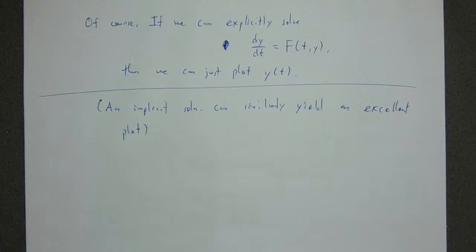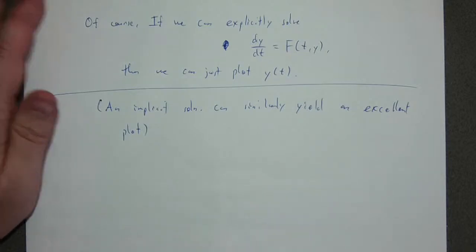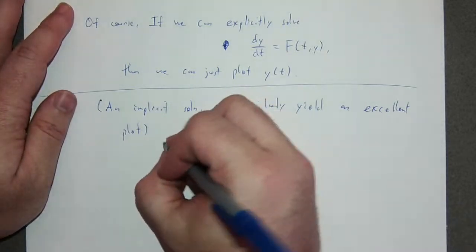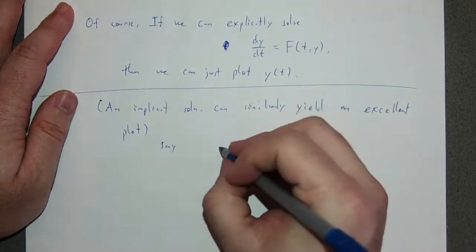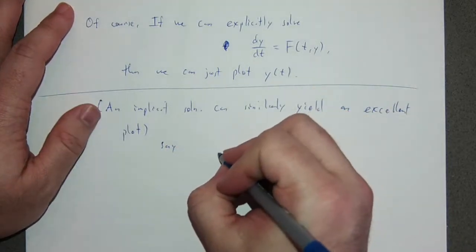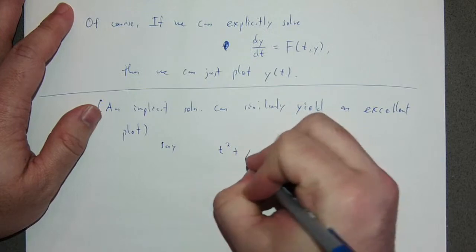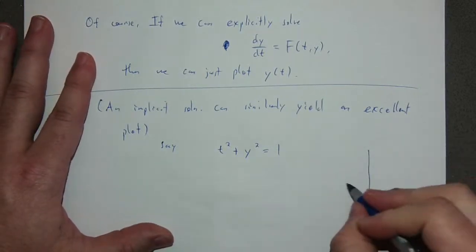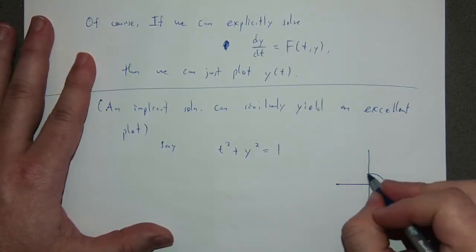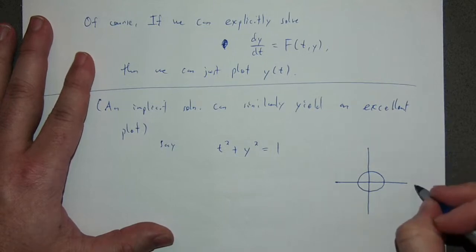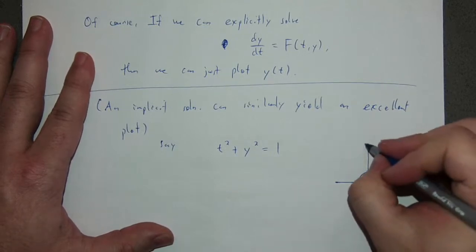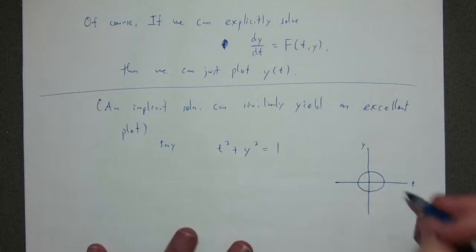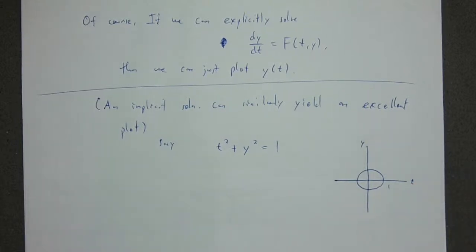So for instance, let's say my implicit relation that solved a differential equation was something like this. All right, what is that? Well, in the ty plane, this is the unit circle, right? Now, I didn't really draw that as a good circle, but you'll just have to pretend that that's the case. So there's my curve in that case, right?